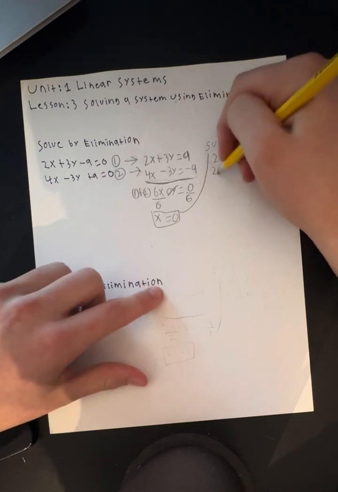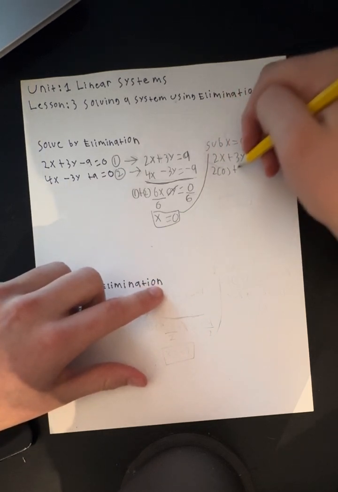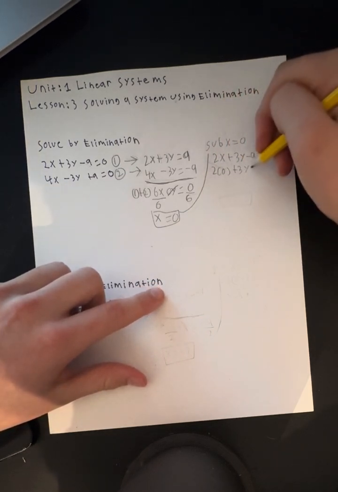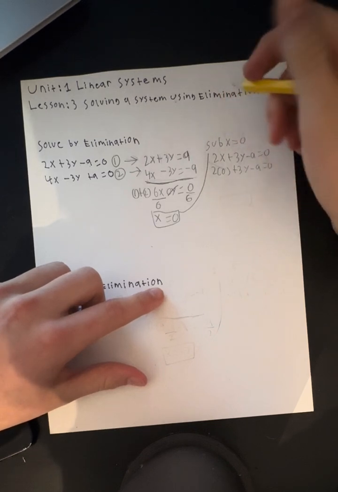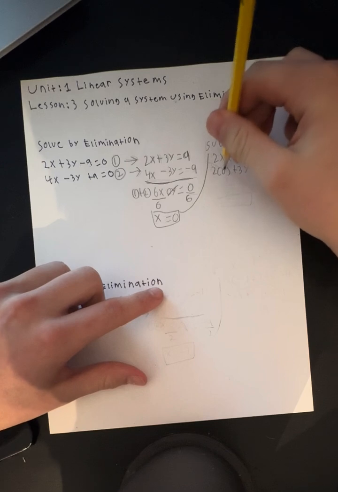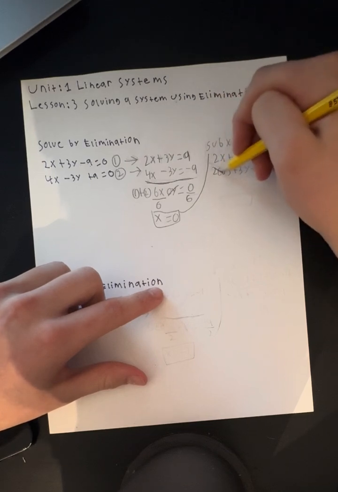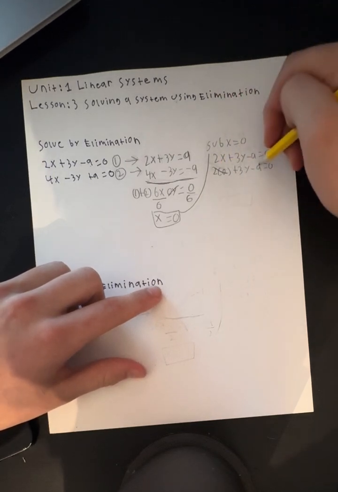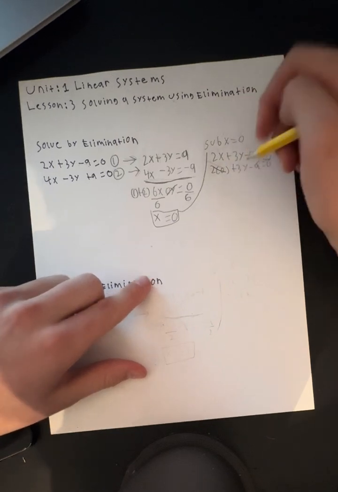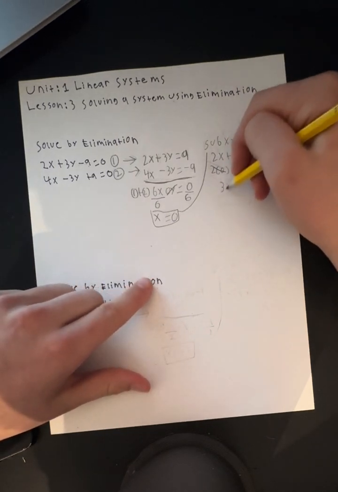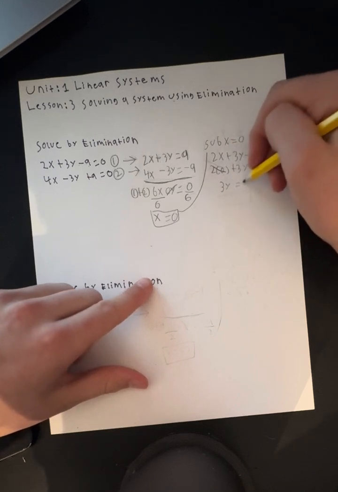That will turn into 0 plus 3y minus 9 equals 0. 2 times 0 equals 0, so we can just get rid of that one, and I'll move -9 over the equal sign. So I will get 3y equals 9.